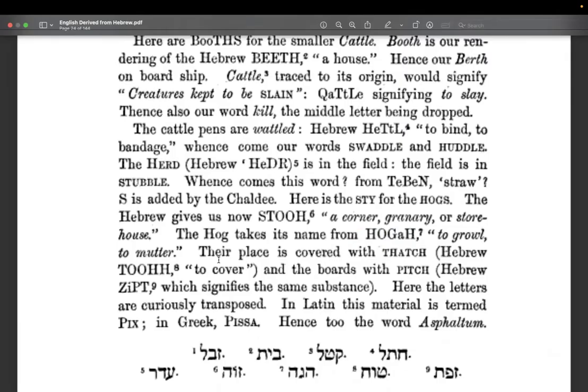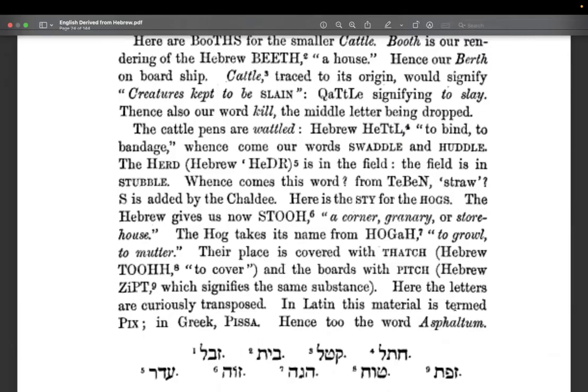But it says, their places covered with thatch, Hebrew toch, which is right here, number 8. So toch, right, to cover. And the boards with pitch, Hebrew zipped, which signifies the same substance. So pitch would have been with the letters switched around there.